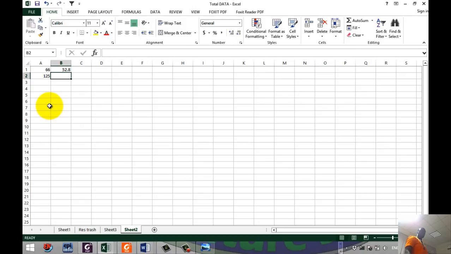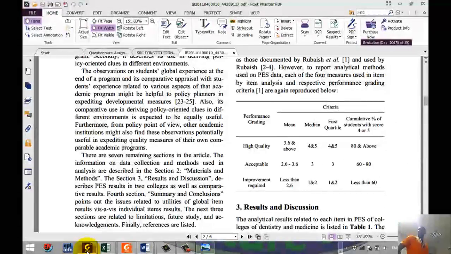So this is 52. If you go back to the classification that we are using, if we want to go with the same cutoff that we found in Arubash, that means 80 and above should be excellent or high performance, and 60 to 79.9 should be acceptable.